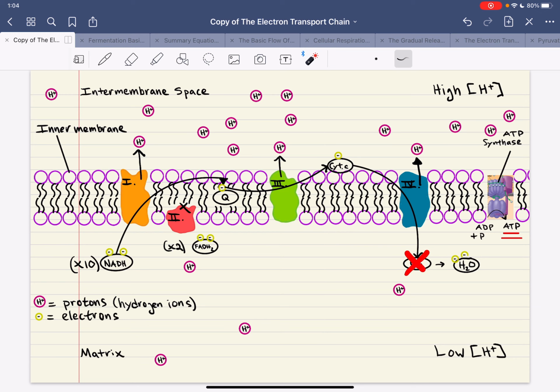If you work your way back, the next carrier, cytochrome C, has nowhere to donate its electrons, so it's stuck holding this electron. Then the next carrier, ubiquinone, also cannot transfer its electron because cytochrome C already has one. Work your way back all the way to NADH, same thing. Ubiquinone already has an electron, so NADH is also stuck holding on to electrons.